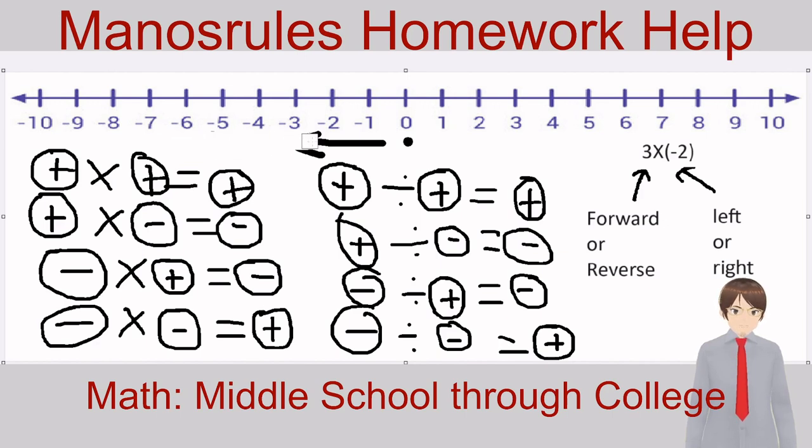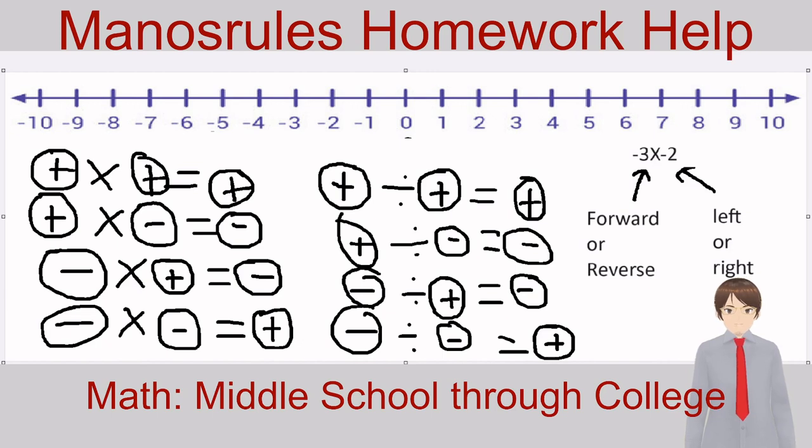Now let's do one with a bunch of negatives to demonstrate why it ends up becoming a positive answer. Negative 3 times negative 2. Now it's going to follow the same principles.